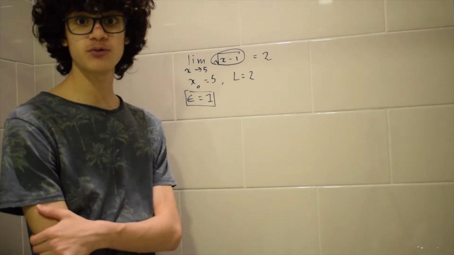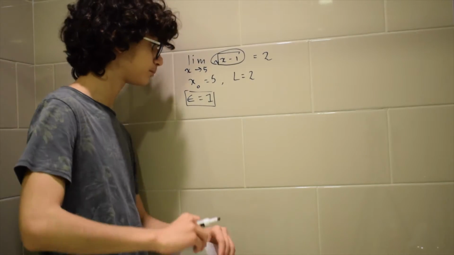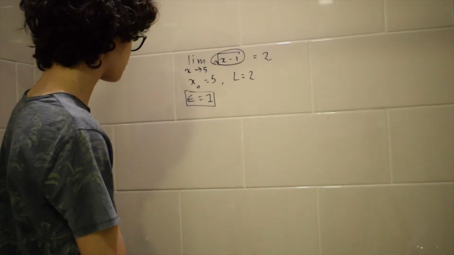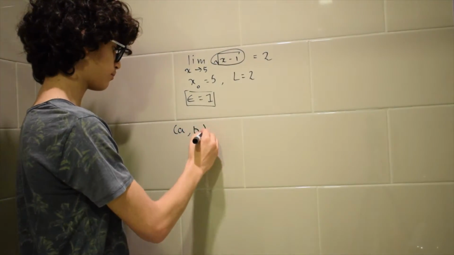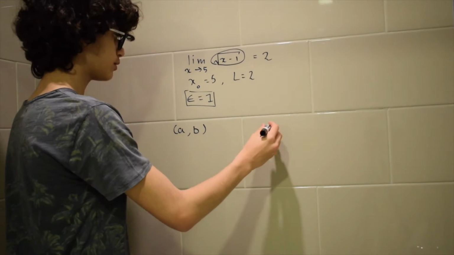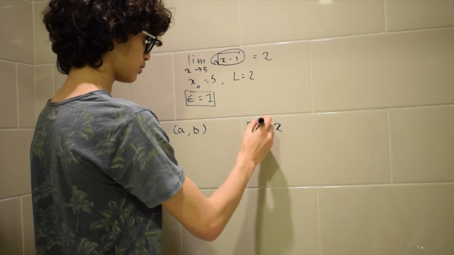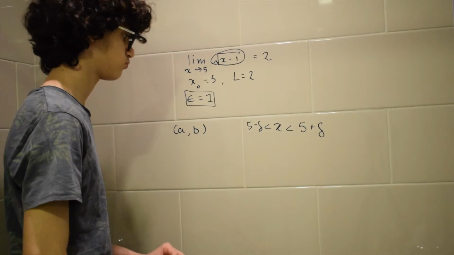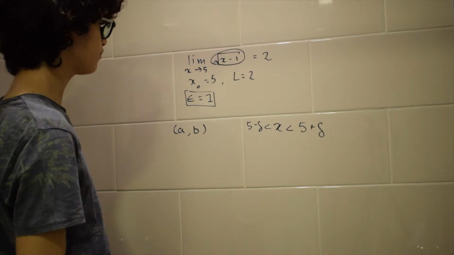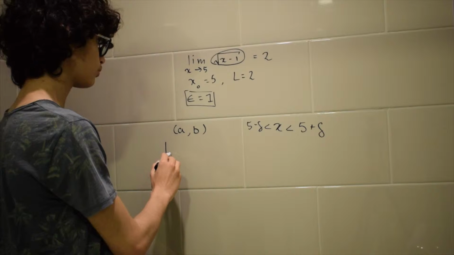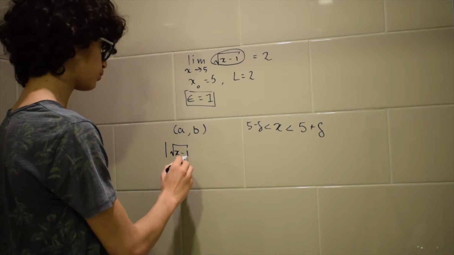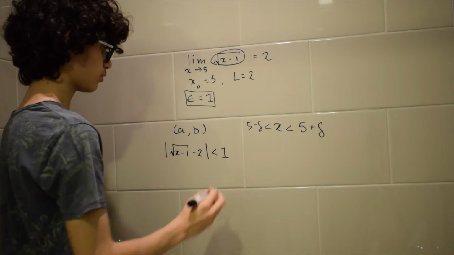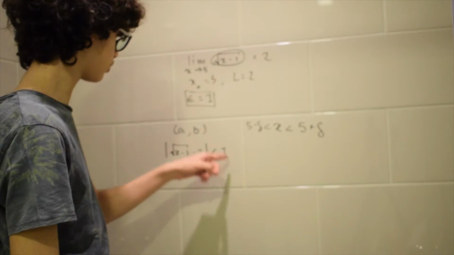In other cases, there is no epsilon given. You just have to prove it. But here we have our epsilon. So there's the first step. The first step is to find an open interval a, b that places x within the interval. Alright, to find such an interval, we could use the absolute value of f of x minus L less than 1, which is our epsilon.